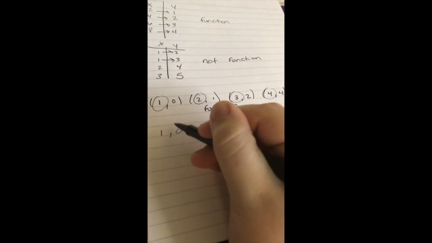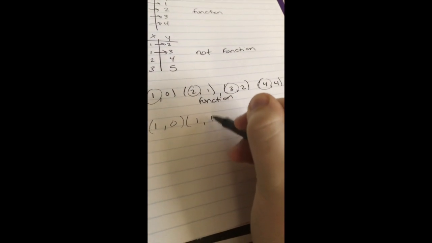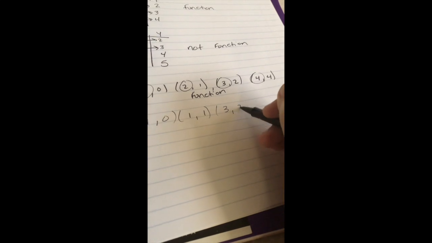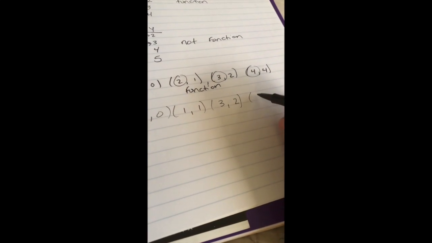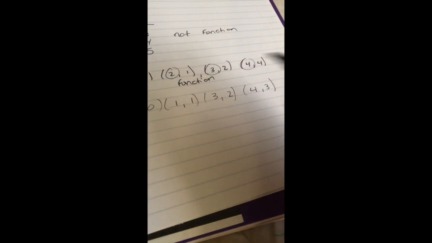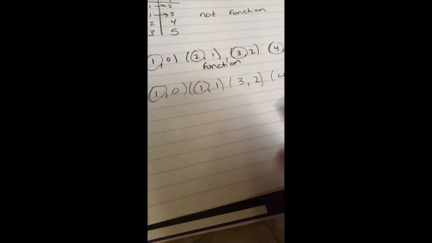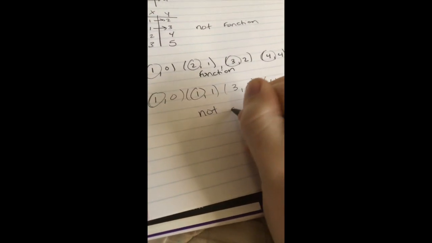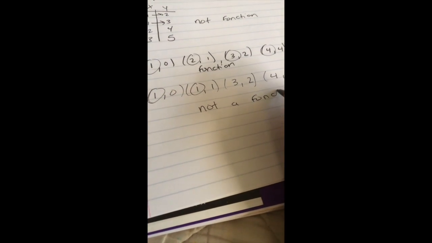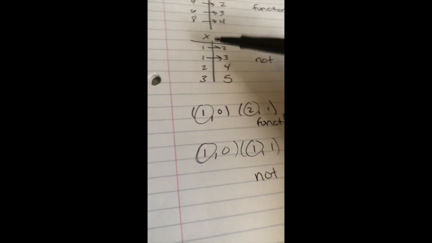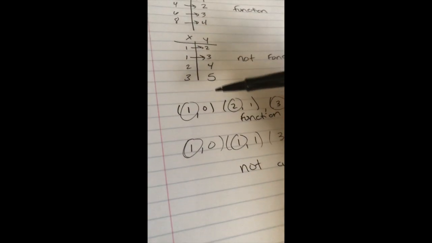But if we had (1, 0), (1, 1), (3, 2), (4, 3), here we have a repeat of 2 x's, and this would make it not a function. So anytime there is a repeat of x's or a repeat of inputs, there is not a function.